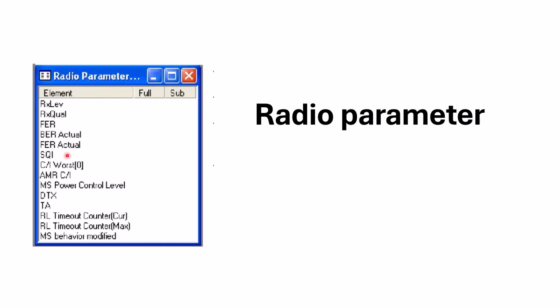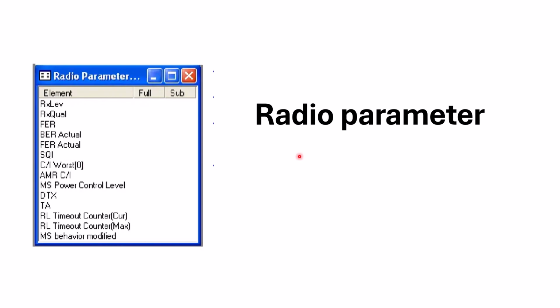SQI, speech quality index, a sophisticated measurement updated every 0.5 seconds that reflects speech quality based on BER and FER calculation, with good ranges from 18 to 30.